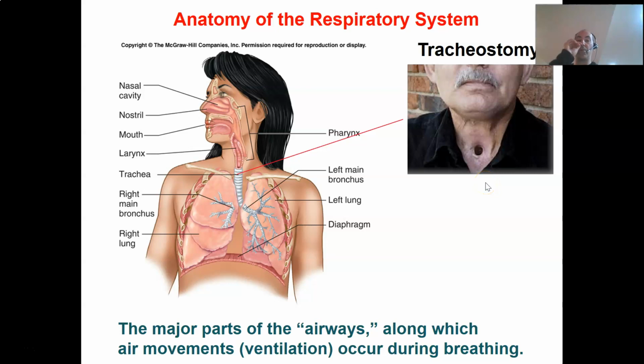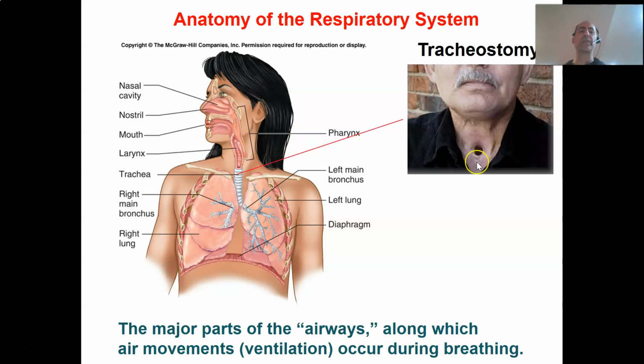This is someone with a tracheostomy. So this person has some kind of issue with their pharynx and their larynx, this area up here, and they're not able to breathe well. So this could be due to things like COPD. Likely this person would have been a smoker that has done damage to the upper airway, and that's what this area is called, the upper airway.